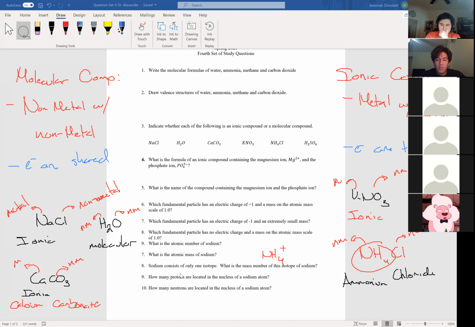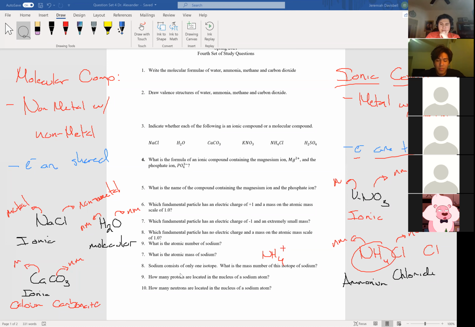And who are the only ones that typically have charges? What type of compounds typically have charges? Ionic compounds, remember our electrons are transferred here. And ammonium has a charge, therefore chlorine has a charge of what?